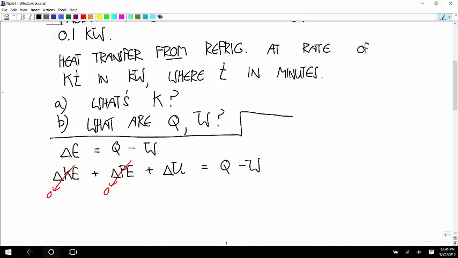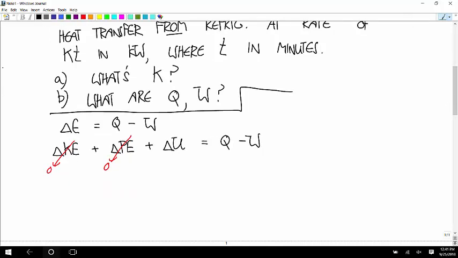Calculating the change in U is pretty easy. So the change in U is equal to capital U at the later state minus capital U at the earlier state.